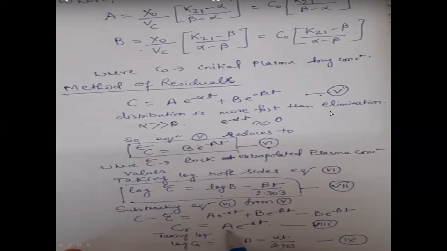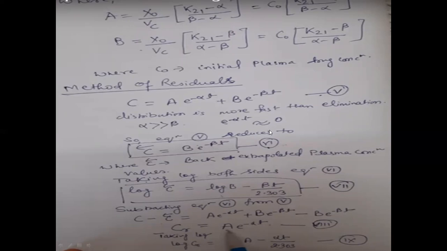According to the method of residuals, the distribution is more in the two compartment open model. When the distribution is faster than elimination, alpha becomes greater than beta. Alpha is the distribution coefficient, so automatically it becomes much greater than beta.